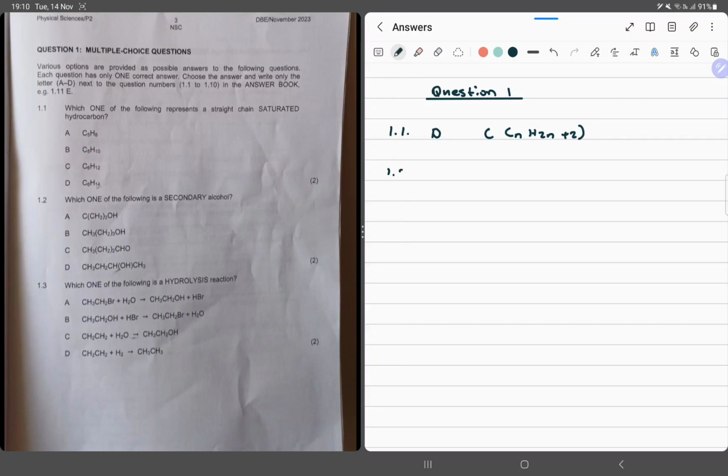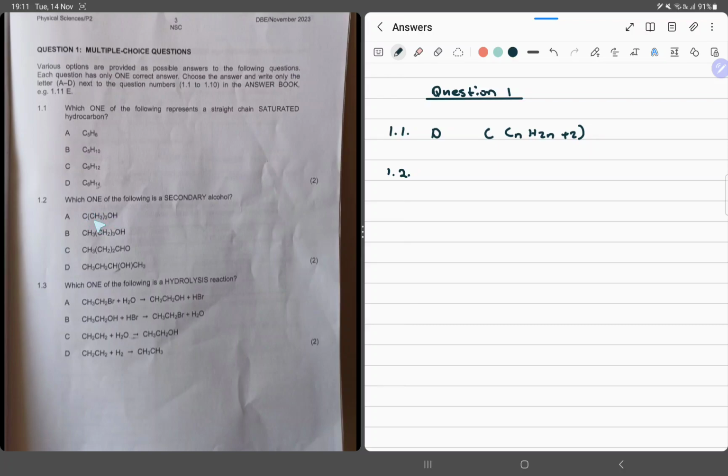Okay, so 1.2 says which one of the following is a secondary alcohol? If we look at this one, we've got a C bonded to CH3 twice. This one looks very complicated, but actually it's a tertiary alcohol, because you'll notice that these methyl groups are attached to this carbon, and that means this OH is also attached to this carbon.